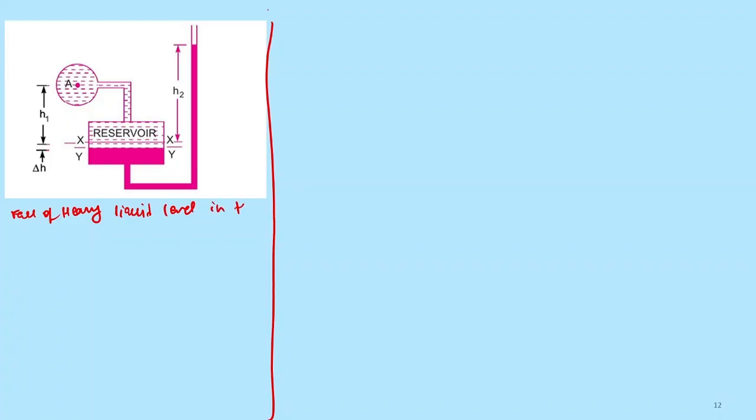So now we can write the fall of heavy liquid. We will start from here and then we will go this side. Fall of heavy liquid in the liquid level in the reservoir.